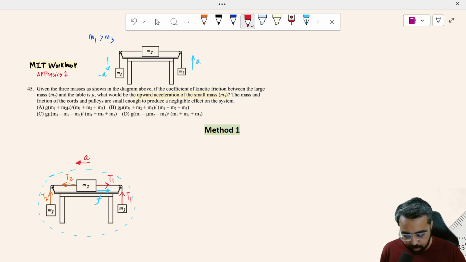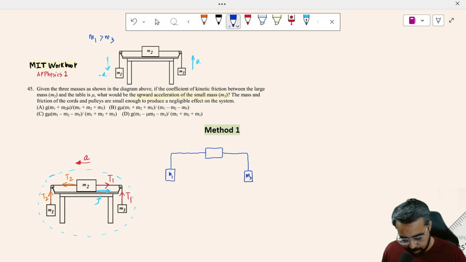Okay, so as you know from Newton's laws, if I show you this system, let's say this is our m1 and it's connected with m2. There's no contribution of the pulleys in this system. We are not assuming the rotational motion of these pulleys.